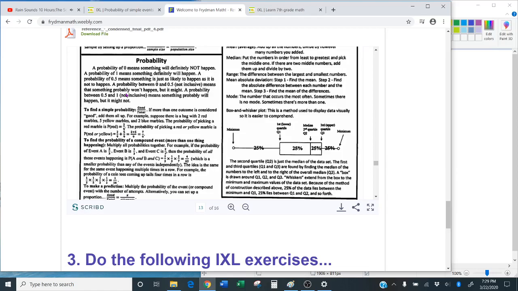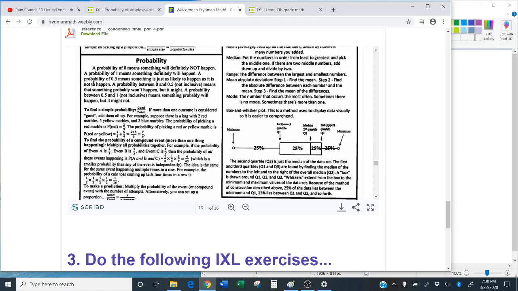So probabilities are measured on a scale from 0 to 1, or as percentages 0% to 100%. A probability of 0 means that something will definitely not happen. A probability of 1 or 100% means that it definitely will happen. It's not a question, it's definitely going to happen.